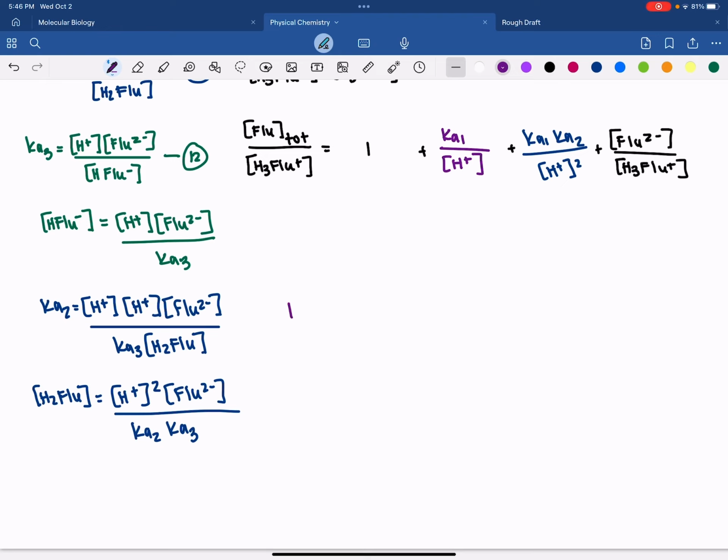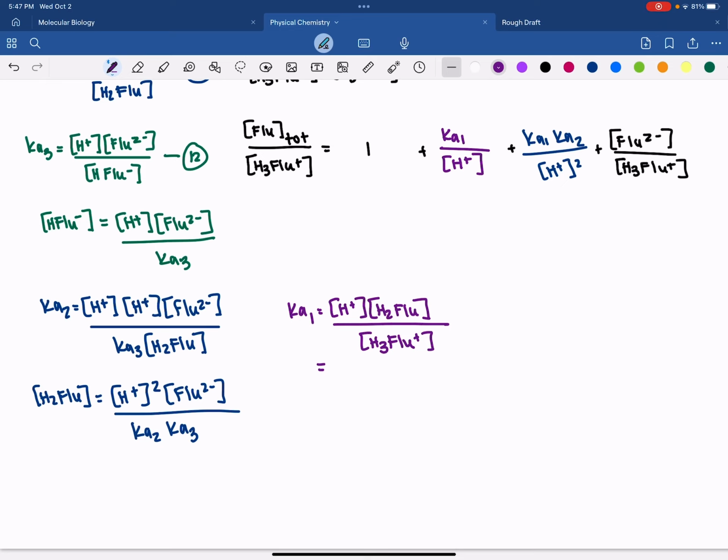Okay. Ka3, 1 is equal to the concentration of H plus times the concentration of H2 flu over the concentration of H3 flu plus.